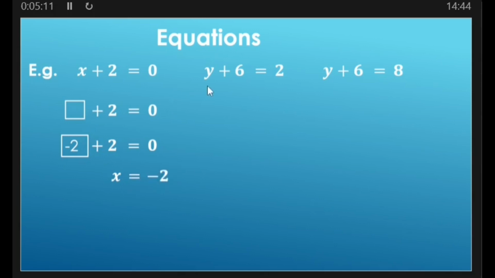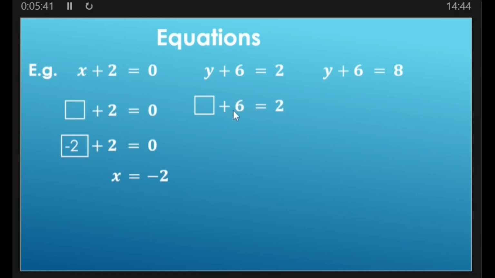Equally, here we have y plus 6 equals 2, which can be expressed as blank box plus 6 equals 2. In this equation also you can find out by asking what is it that can be done to 6 in order to remain with 2?